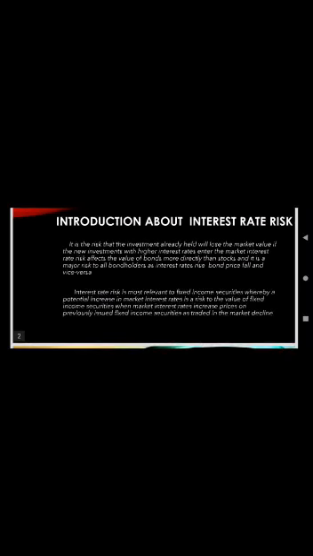Interest rate risk is more relevant to fixed income securities, whereby a potential increase in market interest rate is a risk to the value of fixed income securities, where a market rate increase lowers the price of previously issued fixed income securities as traded in the market.